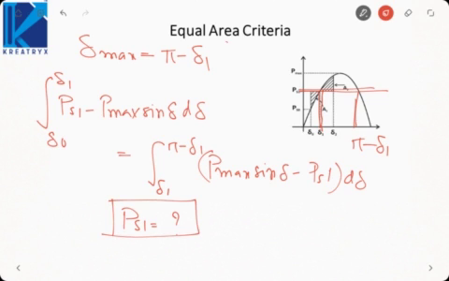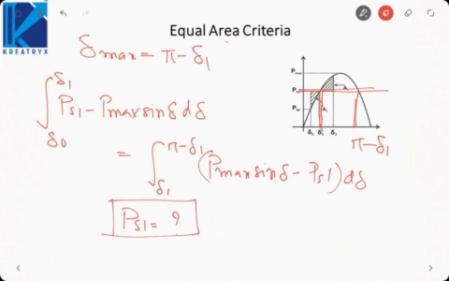How does it help? It gives me a fair idea of how much change can you make in the shaft power suddenly, so that system does not lose synchronism. If Ps1 is greater than that, then system will lose synchronism. Okay, so it gives me an idea about the loading limit of the alternator that you can put on suddenly.